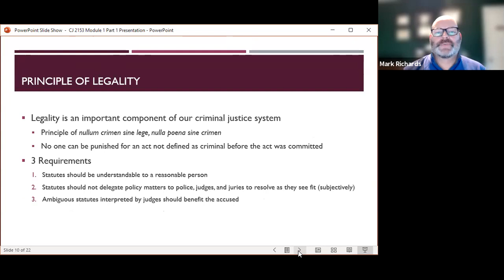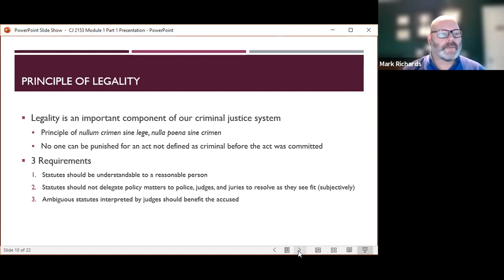Within our system is this principle of legality, and it's an important component of our criminal justice system. The principle of nullum crimen sine lege, nulla poena sine crimine. No one can be punished for an act not defined as criminal before the act was committed.